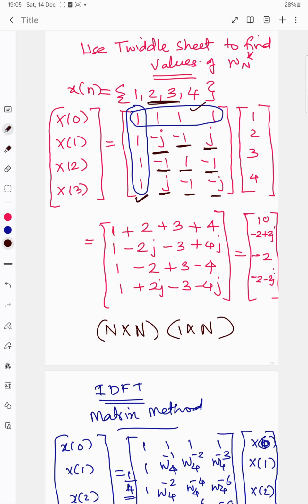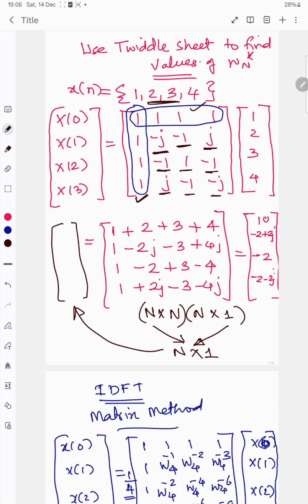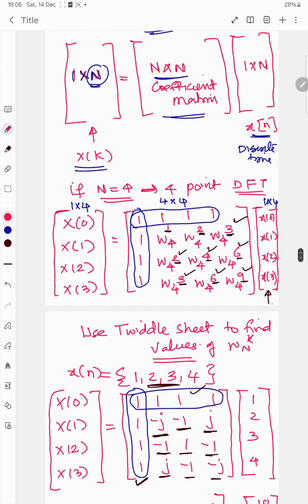If you multiply an n by n coefficient matrix with an n by 1 input matrix, the columns of the first match with the rows of the second, and therefore matrix multiplication is possible, and the output dimension is n by 1. Which means you are supposed to have an n by 1 matrix.